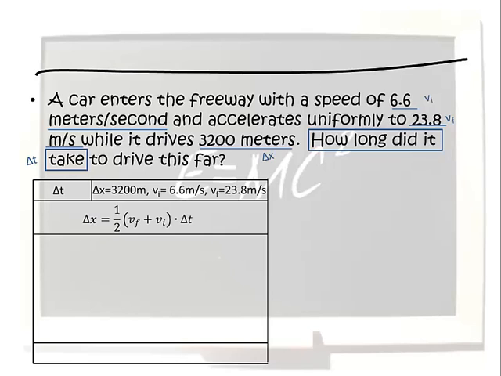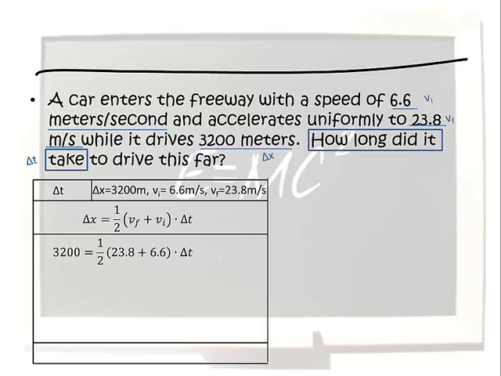Delta x equals 1/2 (vf plus vi) times delta t. Now we need to plug our numbers into that equation. Delta x is 3,200, vf is 23.8, vi is 6.6, and we're looking for delta t, so we're just going to leave that alone right now. Now our object is to get delta t all by itself on one side of the equation.